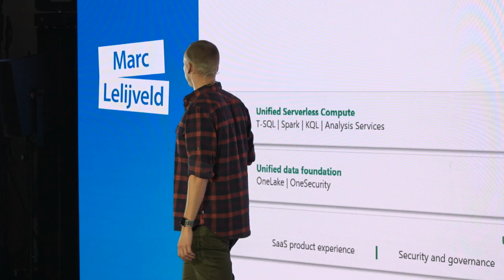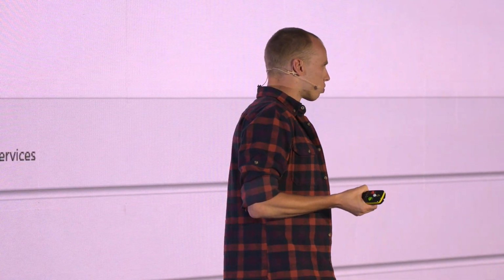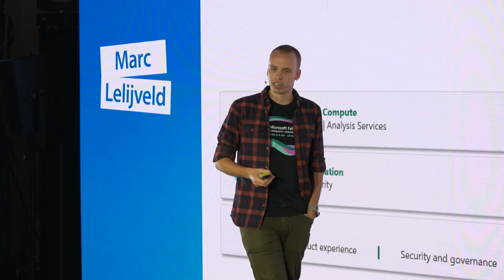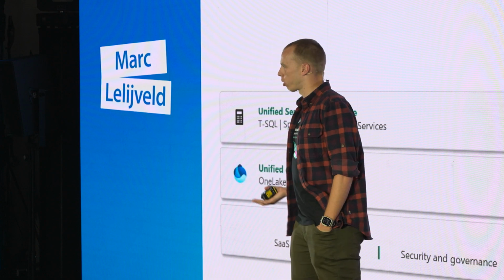It's one layer of compute that understands different languages. Natively, it understands T-SQL, Transact SQL, Spark, very powerful, KQL, the Kusto Query Language, which is more used for real-time analytics, and Analysis Services. Analysis Services is still the engine behind Power BI, and it's the same Analysis Services engine that you can run separately in Azure, if you like.